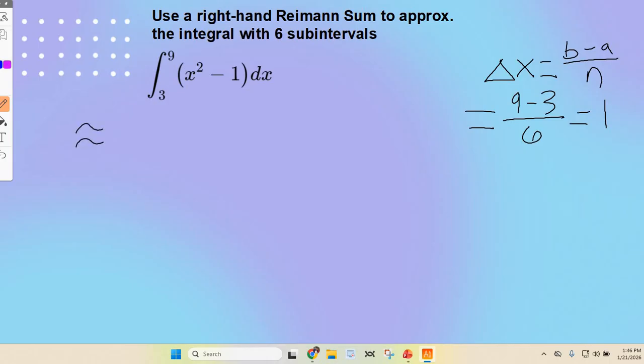So that means that what are each of my intervals going to be? Because we're starting at 3, so we're going from 3 to 4, 4 to 5, 5 to 6, 6 to 7, and 7 to 8, 8 to 9.